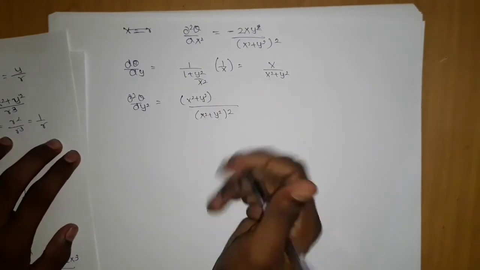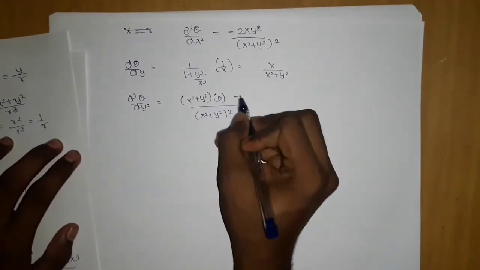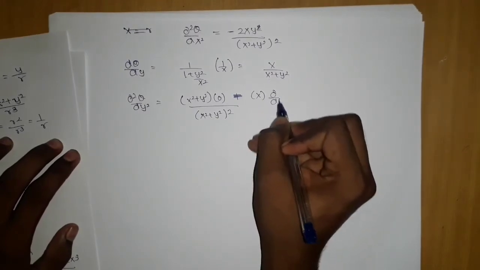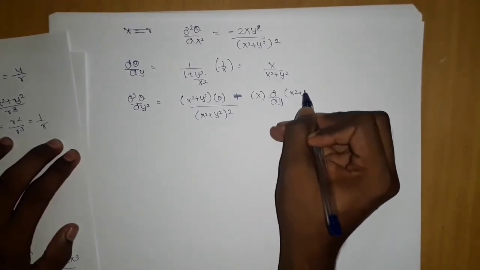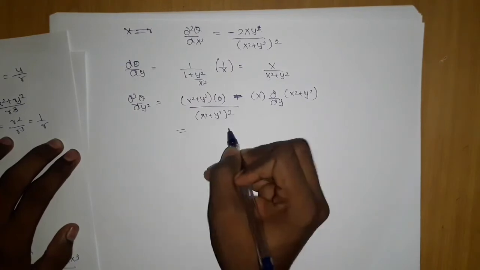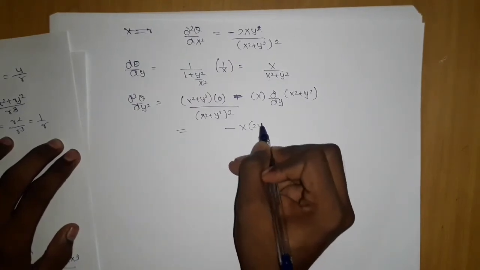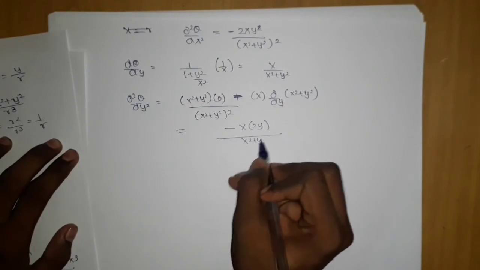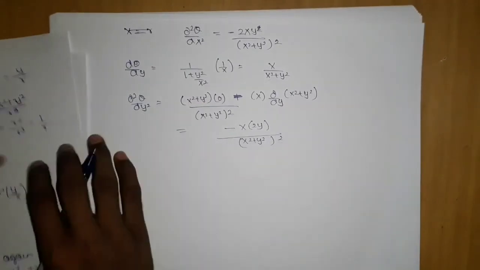If we differentiate, keeping x outside, ∂/∂y of x² plus y² remains, and it will be minus x times 2y by (x² plus y²) the whole square.